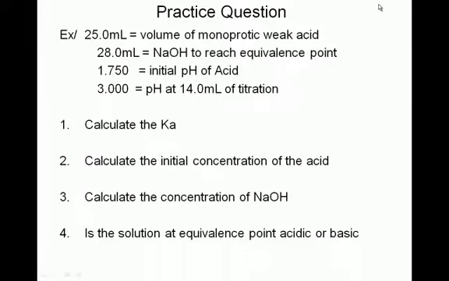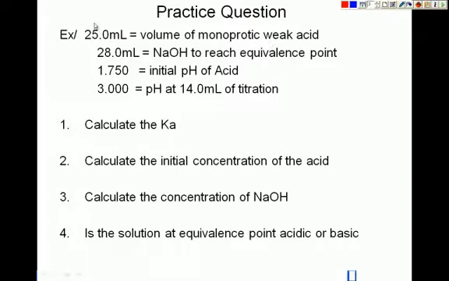Okay, so here's a practice question that I want you to work on. Instead of giving you a graph, it just gives you a few different numbers. It says you are given a monoprotic weak acid, which is quite important to know, so you already know a little bit about what the graph looks like.